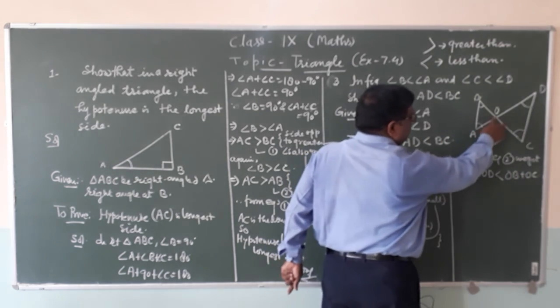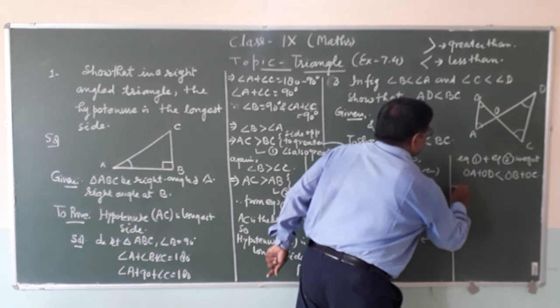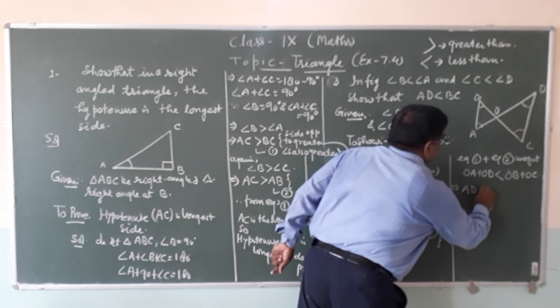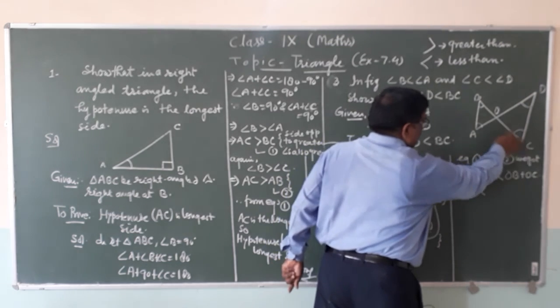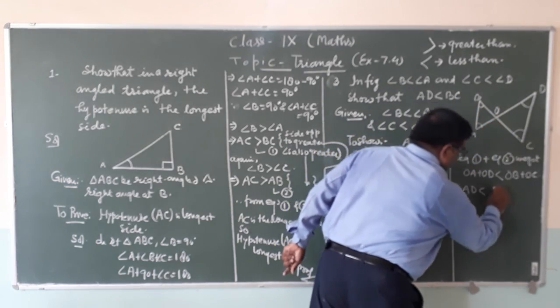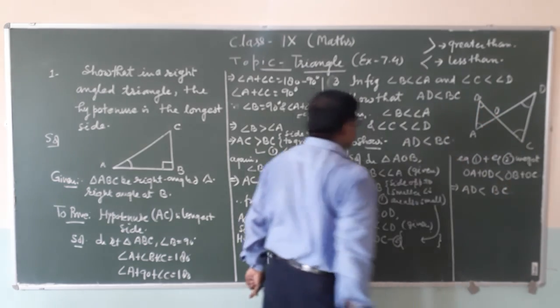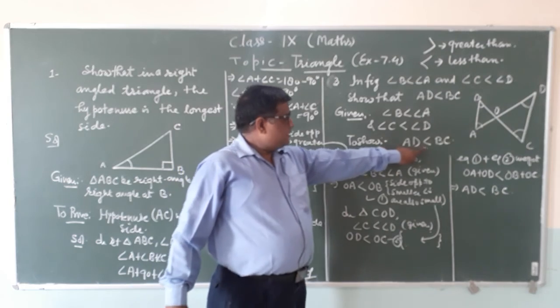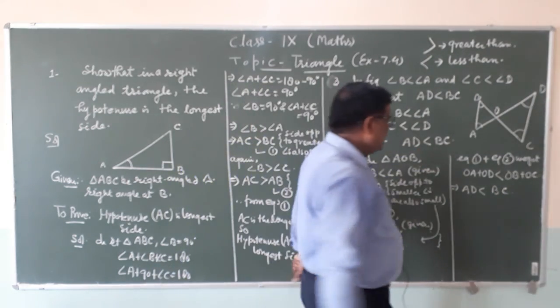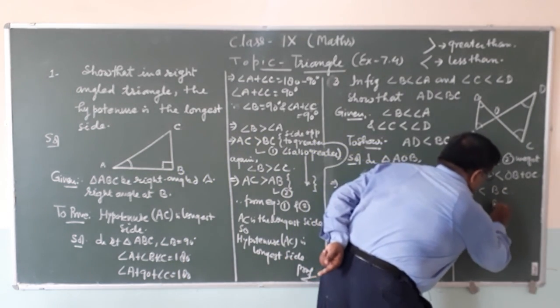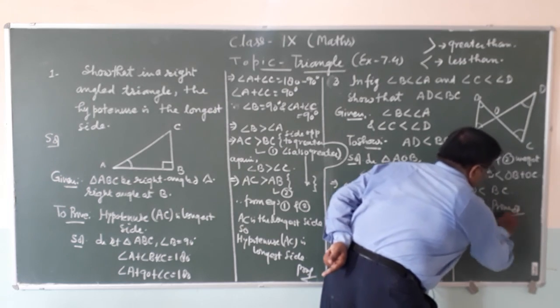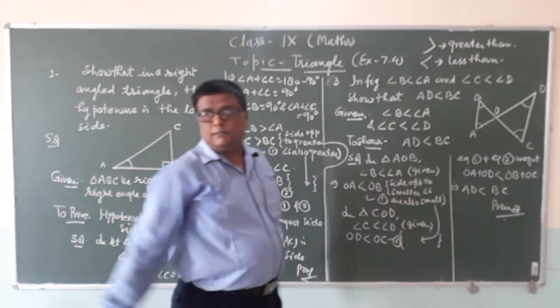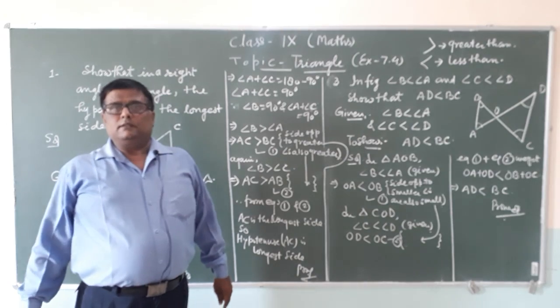And what is OA plus OD? That is AD. This implies that AD is less than OB plus OC, that is BC. And what is our proof? AD is less than BC. This is proved. Okay? Thank you.